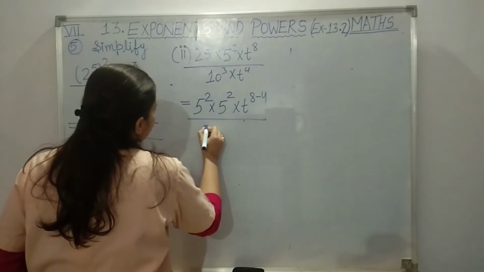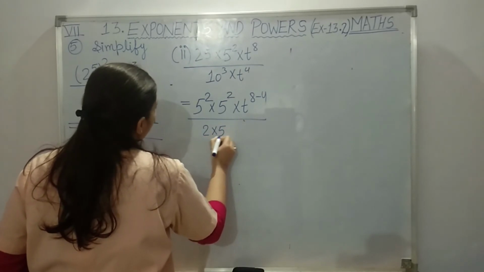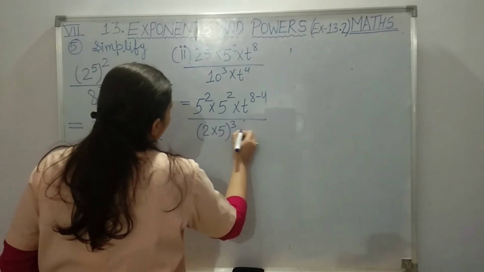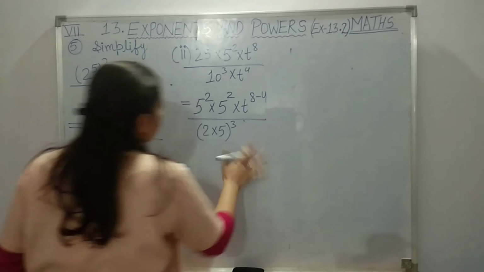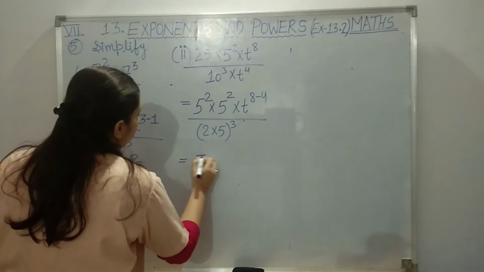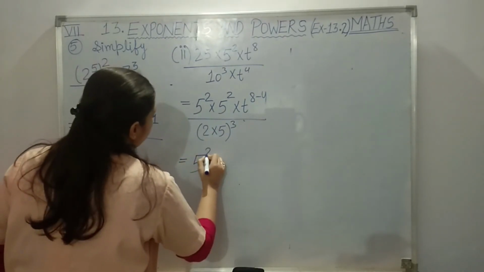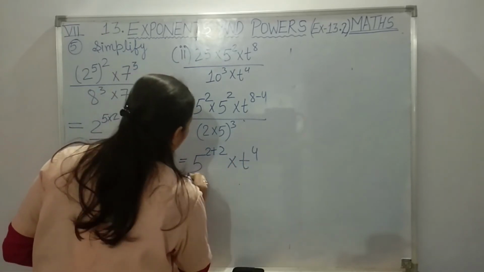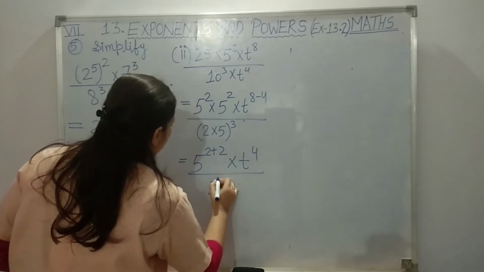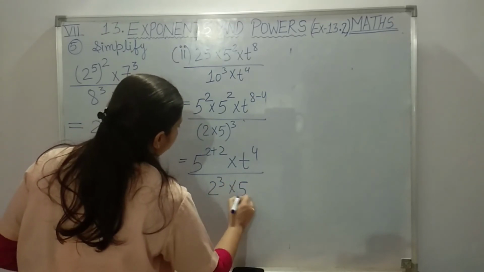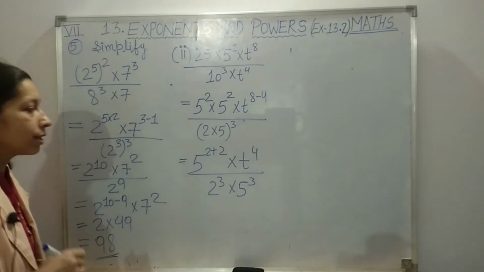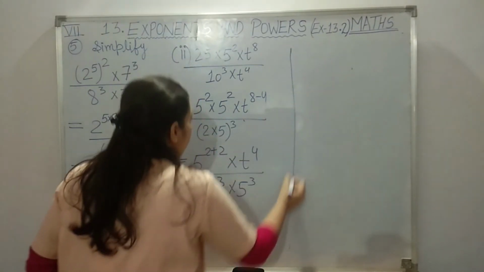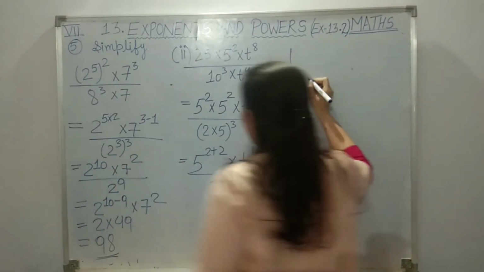Upon 10 will be written as 2 5s are 10, so 2 into 5 whole raised to the power 3. Okay, clear? Then again here 5 raised to the power 2 plus 2 into t 4 upon 2 raised to the power 3 into 5 raised to the power 3. Clear, students? Then we have used the laws of exponents here.